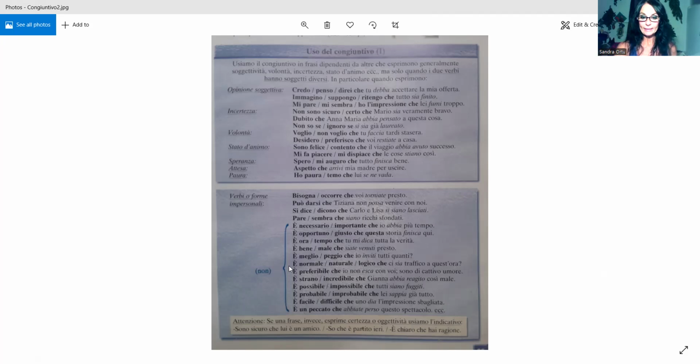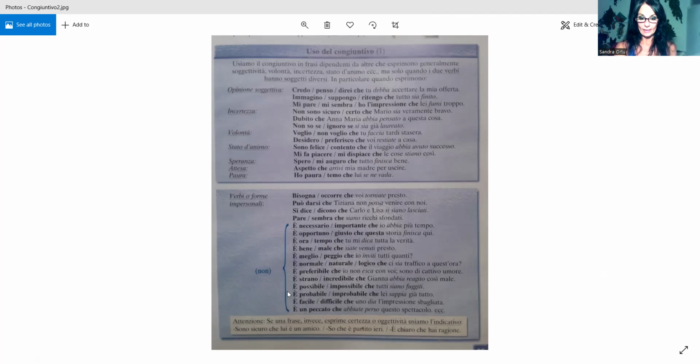È normale, è naturale, è logico. It is normal, it's natural, it's logical, that, etc. È strano, è incredibile che, it is strange, odd, incredible, unbelievable, that. È possibile, impossibile, it's possible, it's impossible.